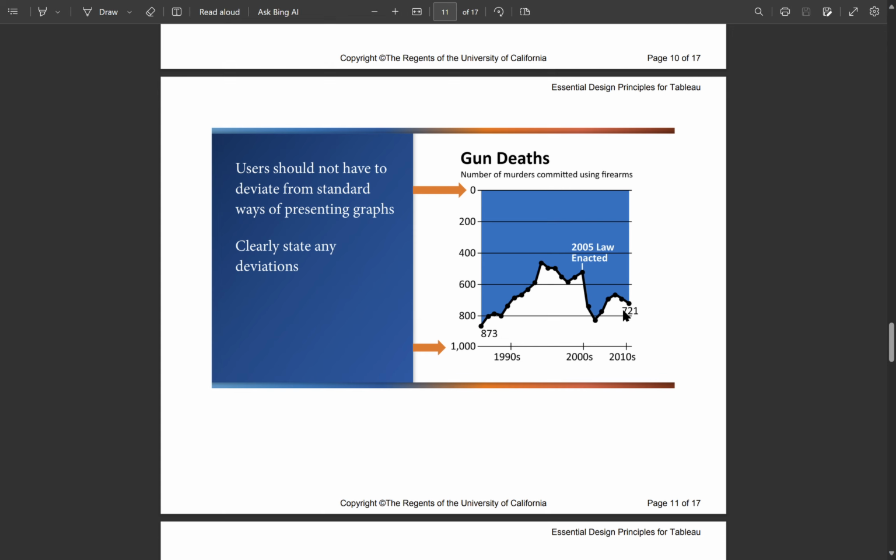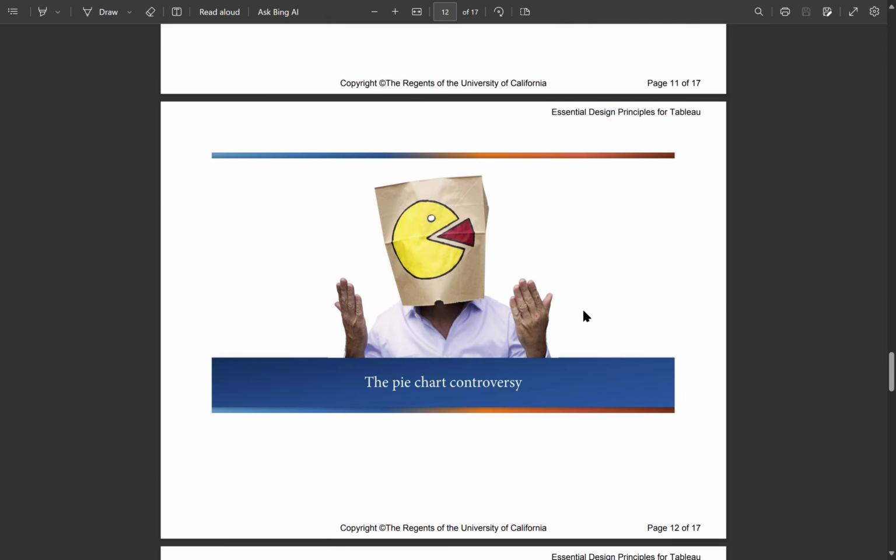Moving to the next slide, let's change our track and talk about the pie chart. The pie chart is very controversial in the inner circle of data visualization, and we'll talk about the best practices of using a pie chart now.